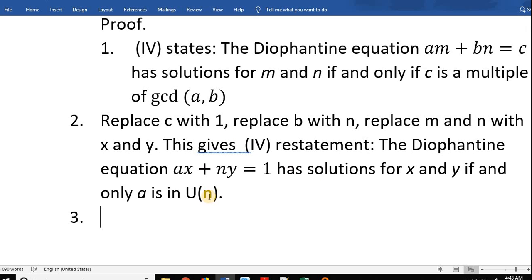Now, what does this equation imply? The important thing to look at is this x. Let's rearrange this, and let's put the ny on the other side. And we'll say ax equals 1 minus ny.